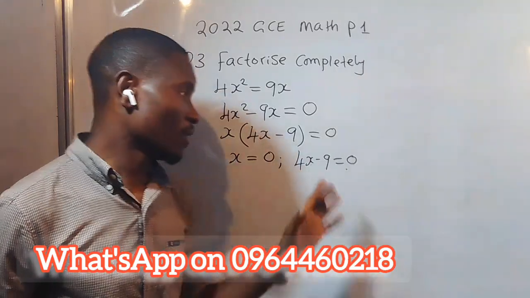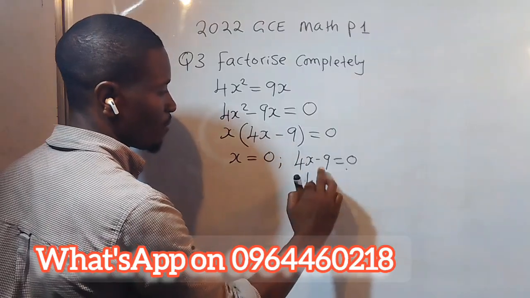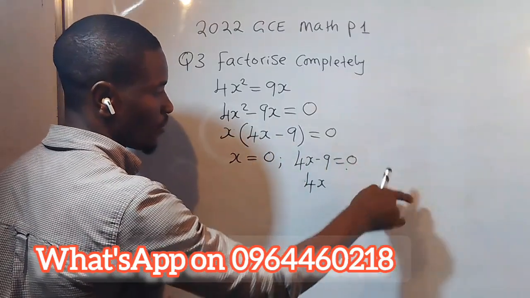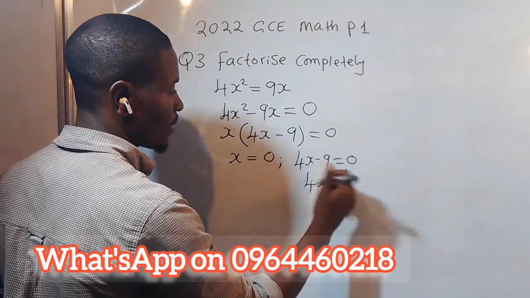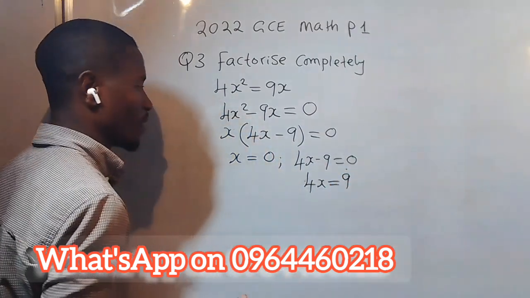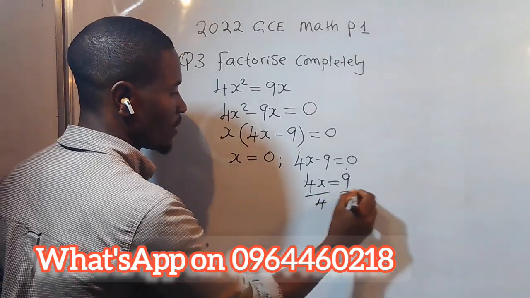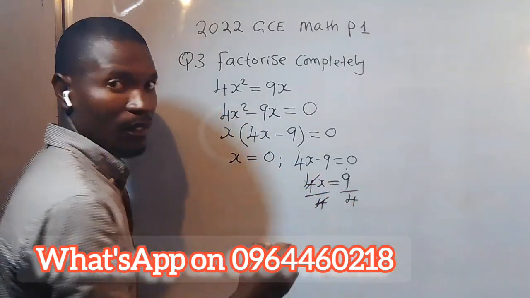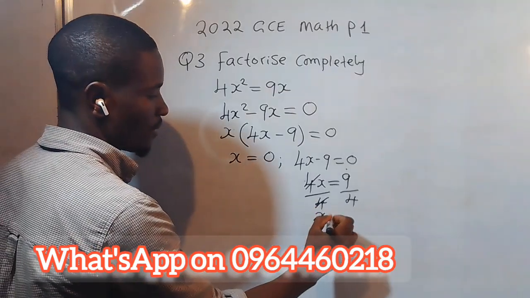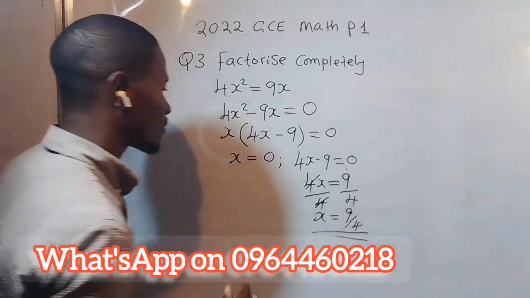So this one is 4x, so the 9 can be thrown to the right, and negative becomes positive. And then how do you make x the subject? By dividing both sides by 4. So the 4 goes, the 4 goes, and now x equals simply 9 over 4.